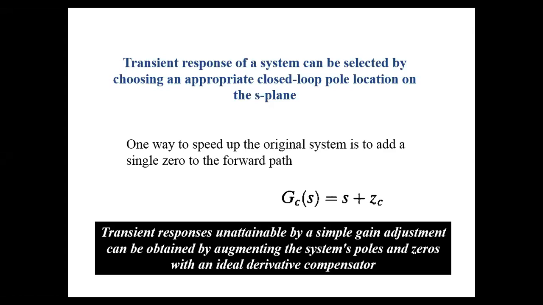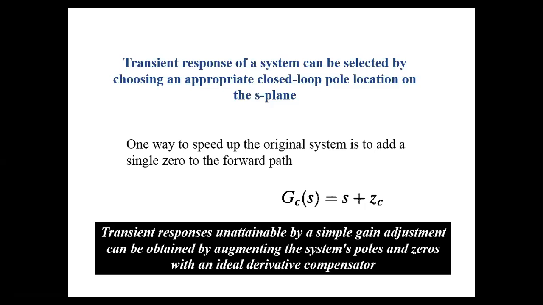If the closed loop pole location is not on the root locus, then the root locus must be reshaped so that the new root locus goes through the selected closed loop pole location. To accomplish this, poles and zeros can be added in the forward path to produce a new open loop function whose root locus goes through the desired point on the S-plane.